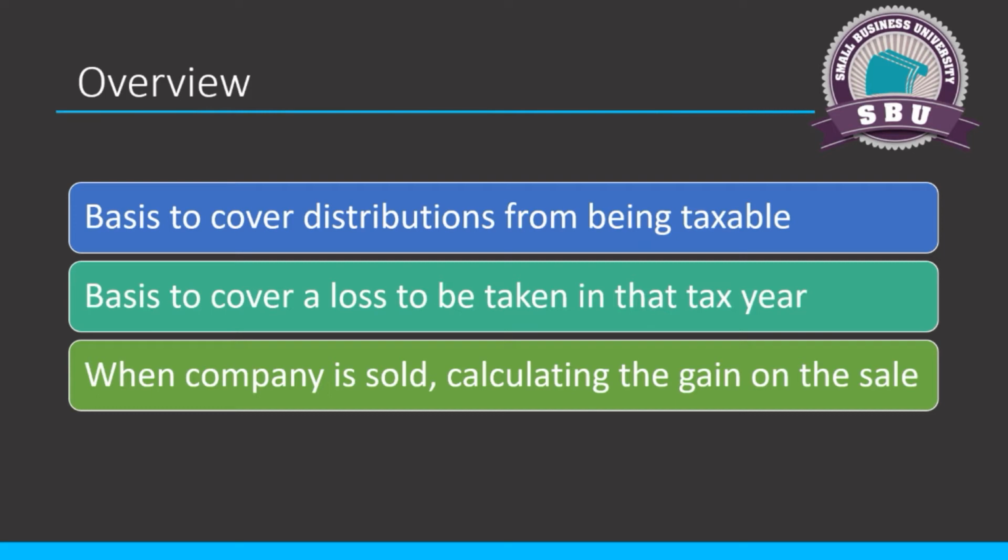Same thing when it comes to if the S corporation runs a loss for the year. Like loss meaning expenses were more than income, right? That kind of loss. You have a net loss. If the S-Corp did not have basis to cover that loss, then it is not allowed, or part of it may not be allowed to be taken in that tax year.